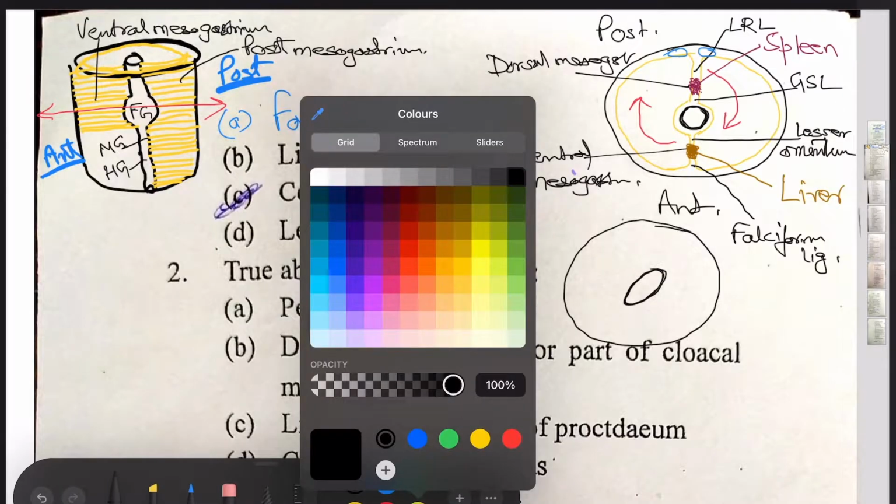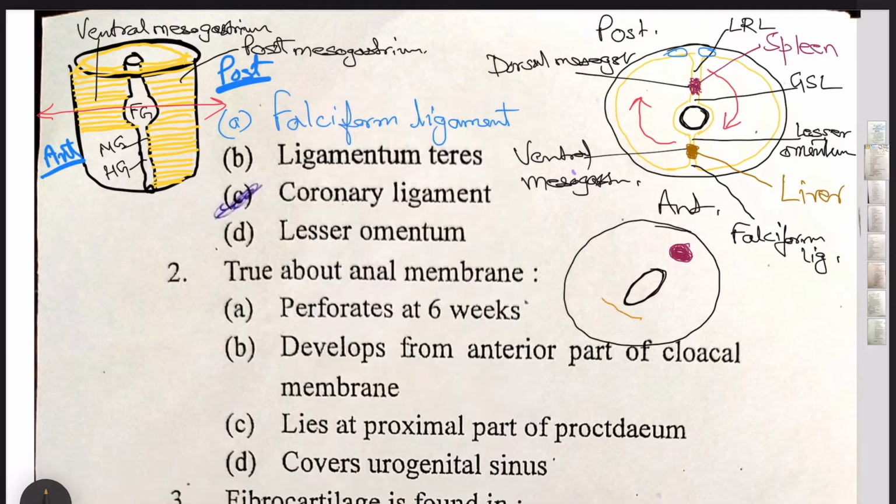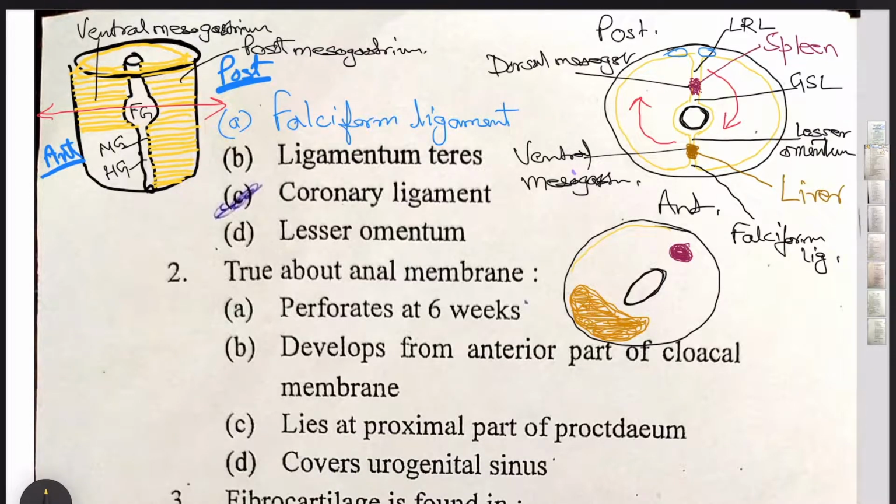And the spleen is placed here, and the liver comes to lie here. This is the liver. Now what you see is, there was this parietal peritoneum I told you. This was lienorenal ligament. So spleen is a peritoneal covered organ. This is gastrosplenic ligament. Then stomach is covered by peritoneum.